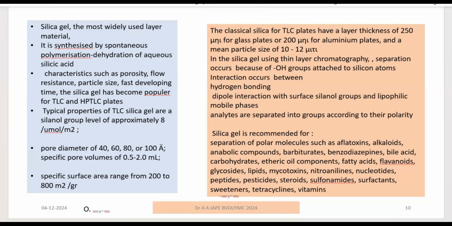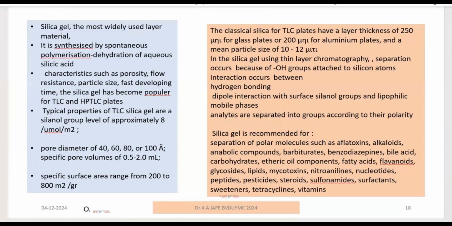Similarly, the specific volume these pores are going to hold. So specific pore volume in the range of 0.5 to 2 ml is generally used. So classical silica for TLC plates have a layer thickness of, as I said earlier, depending upon partitioning or preparative analysis, 0.2 to 2 millimeters. Mean particle size is about 10 to 12 micron.